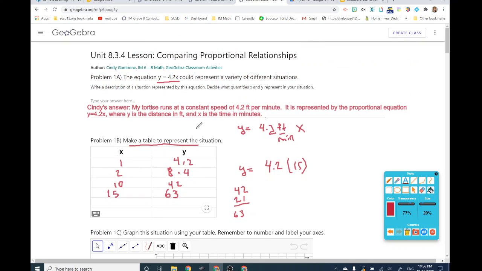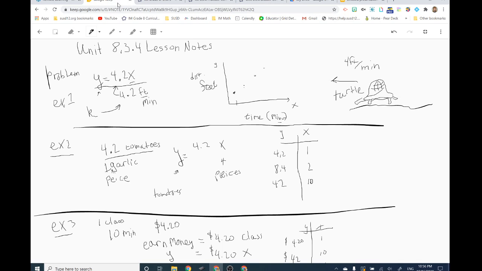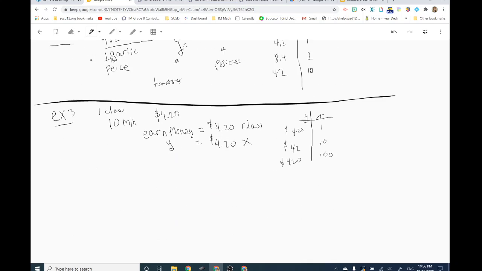You need your own example, and I want to see your example not only on your GeoGebra screen, but I want to see it in your notes. Okay? So your notes are going to say 8.3.4 lesson, and you're going to have an example like my turtle, but it's going to be yours.